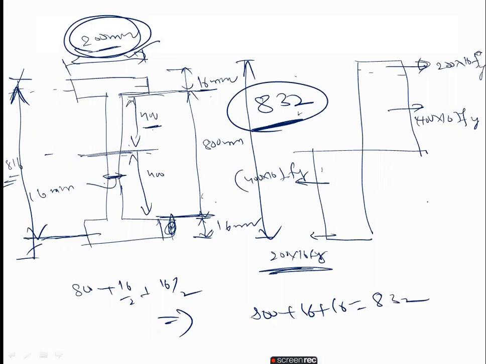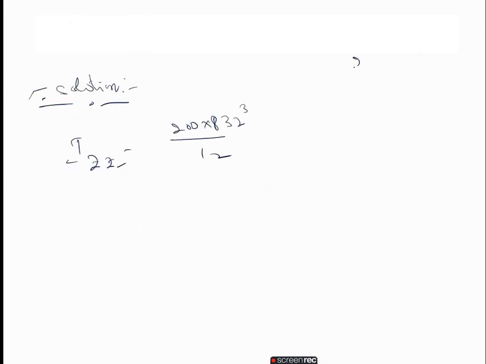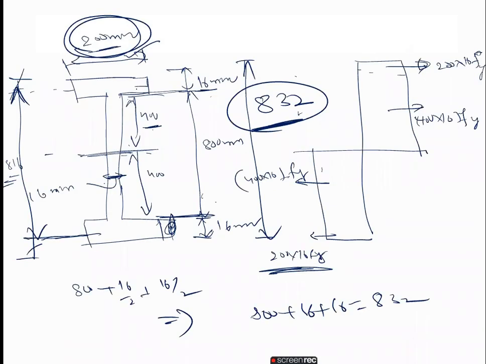Minus, you have to remove this portion. If you remove the web, the flange width is 200 minus 16, that is 184, multiplied with the web depth, 800. 800 is the D value.